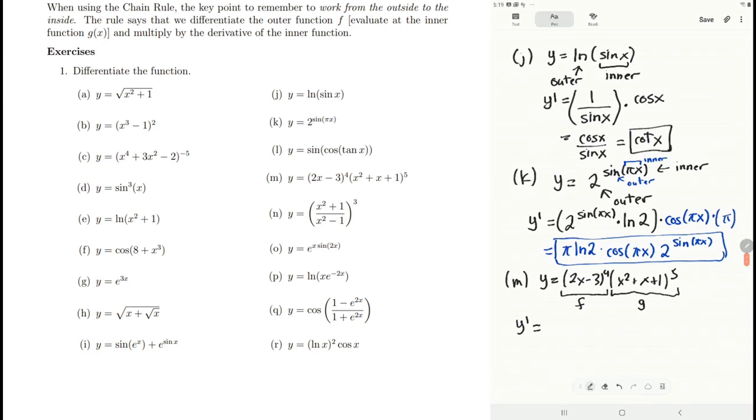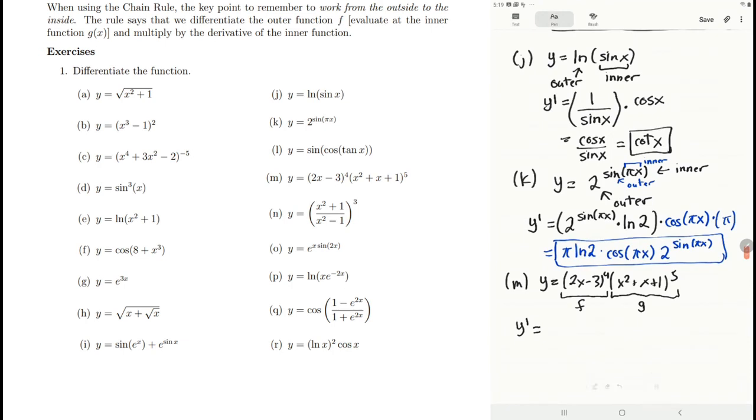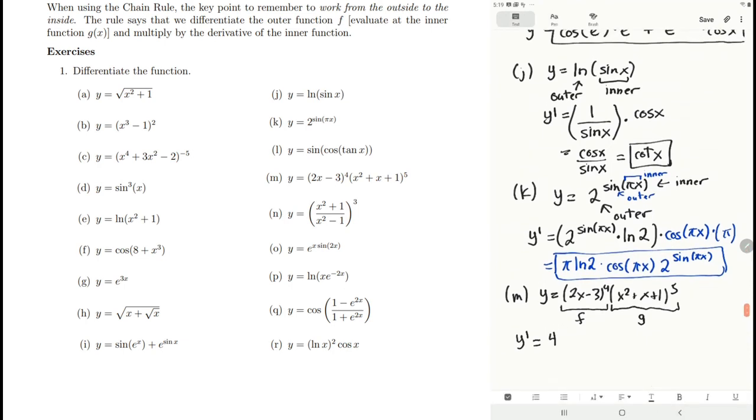So the product rule says that we differentiate f. So the derivative of f, we use the chain rule. So the outer function is the power of 4. So we multiply the 4 in front.